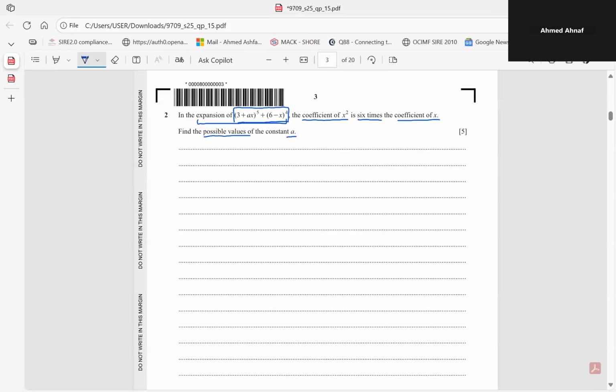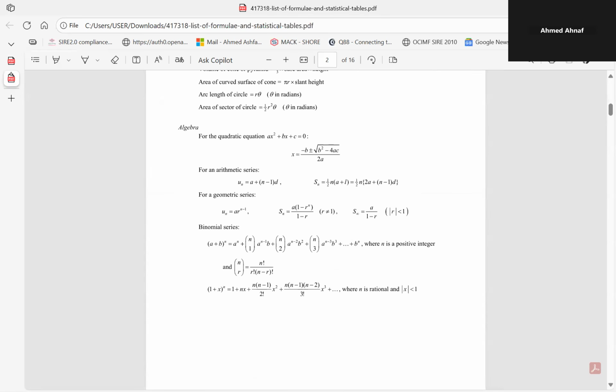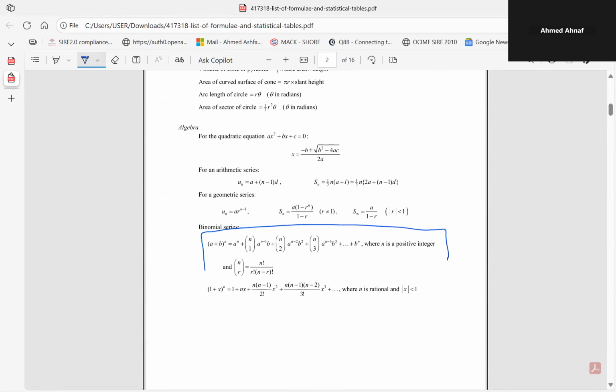Okay, so what do we notice about this expression here? That both of them are binomial terms raised to a positive integer. So to expand these, we're going to have to use our binomial expansion formula, the first one, where n is a positive integer.